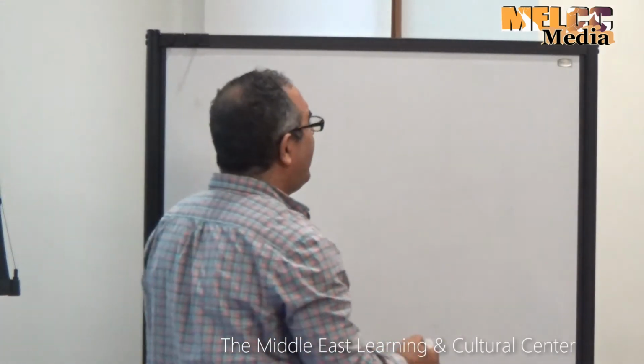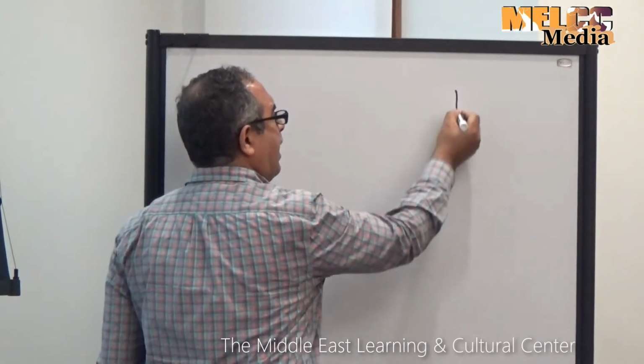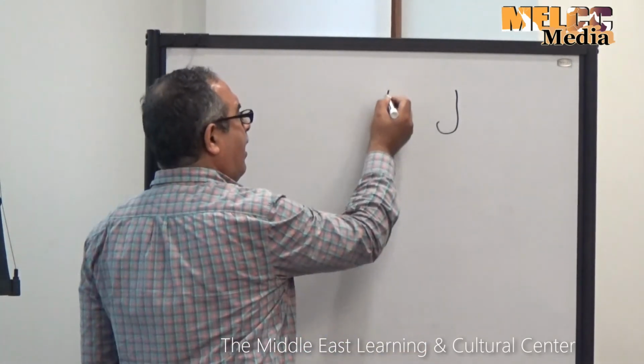La. What is la? La is no. Learn how to say no. Not always yes, right? So we have the word la. How many letters? 2 letters. The first one is lam. So this is lam by itself. And then we have alif.